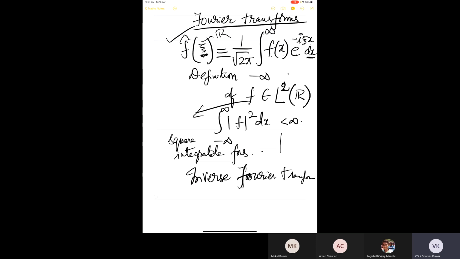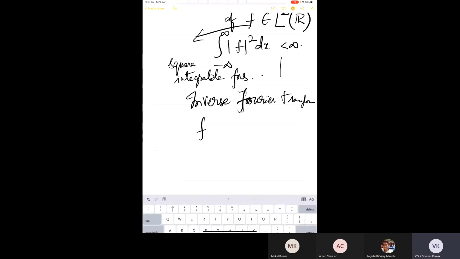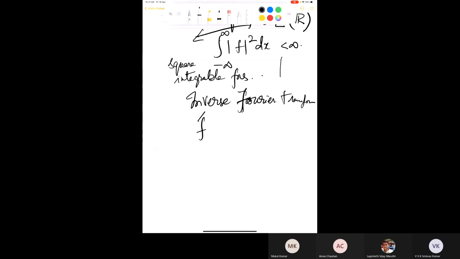Already the Fourier transform f cap is there, so for that we are doing an inverse Fourier transform.